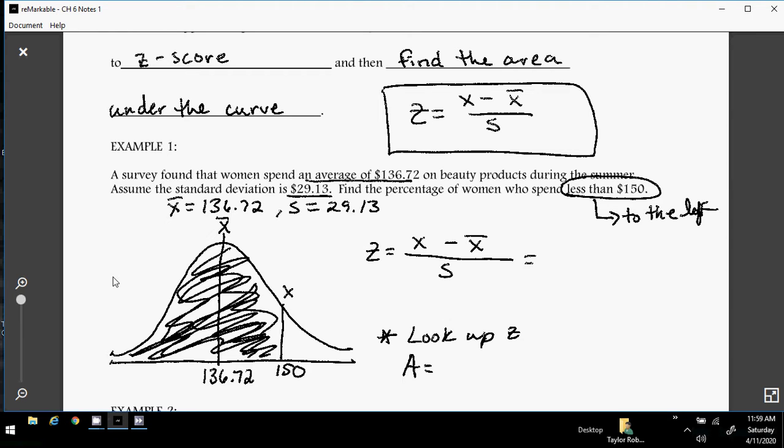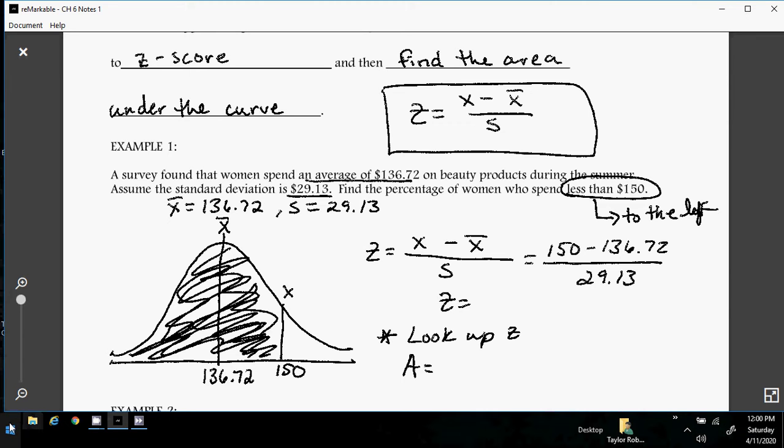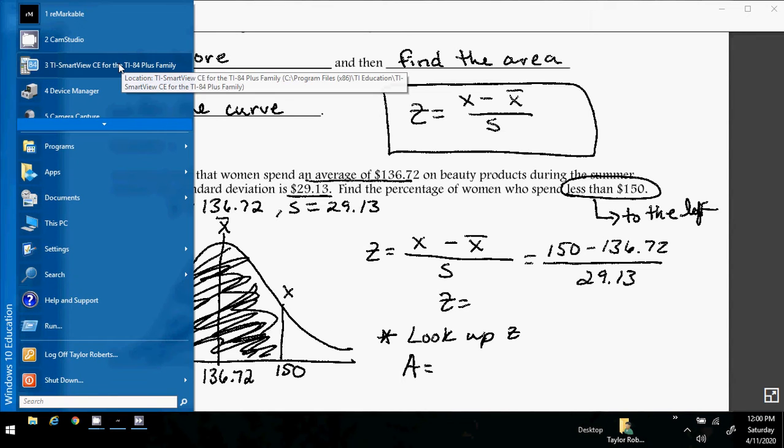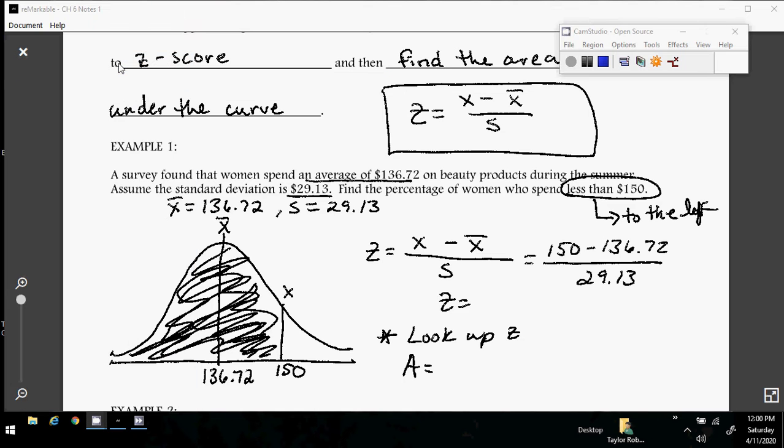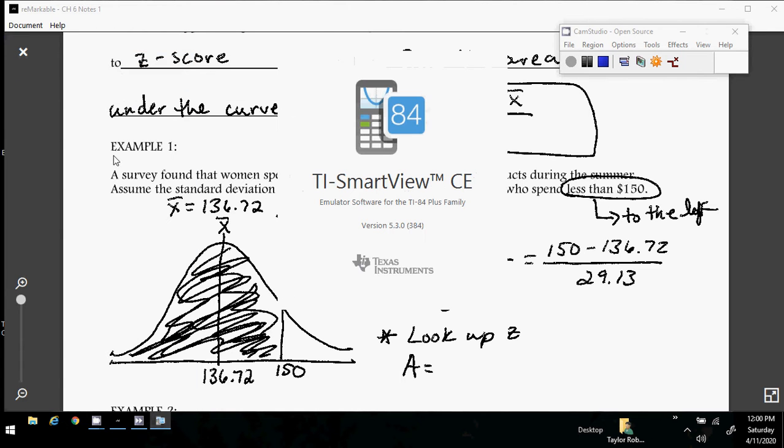X is 150 minus x bar, which is 136.72, over 2913. In order to find the z, I'm going to plug it into my calculator, which I need to pull up. Give it a second.